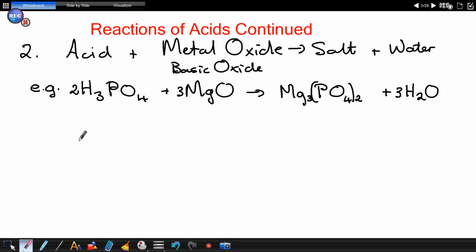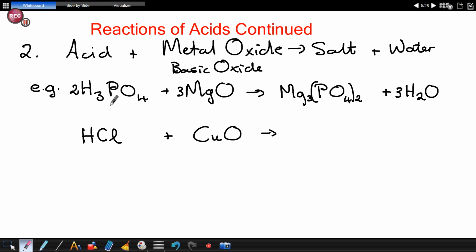Now, the acid can also react with a copper oxide, but the acid won't react with copper, and that question we are going to answer a little bit later. So another example, let's take hydrochloric acid, and it will react with copper oxide to form copper chloride.